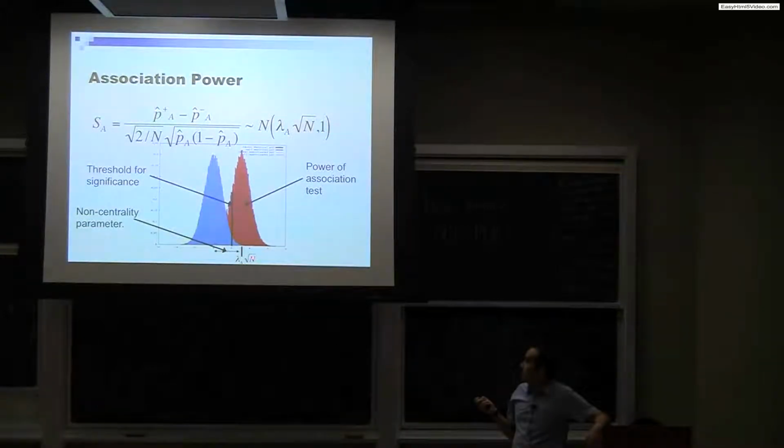For example, what if n is very small? Then this curve will be very close to here, and so the area under the red curve will be small. What if n is like 1 million or 10 million? What will happen is that this curve will be way out here, and the area under this curve will be a lot bigger. Does that help or no?